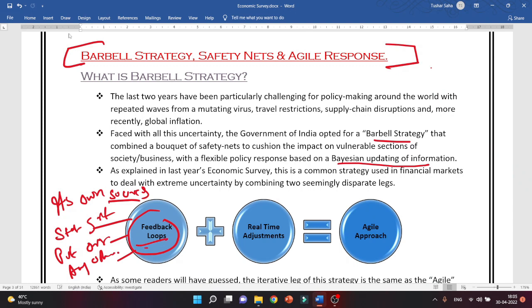So those sources gave real-time feedback to the government, and based on that, the government adopted real-time adjustment, and that was an agile response.